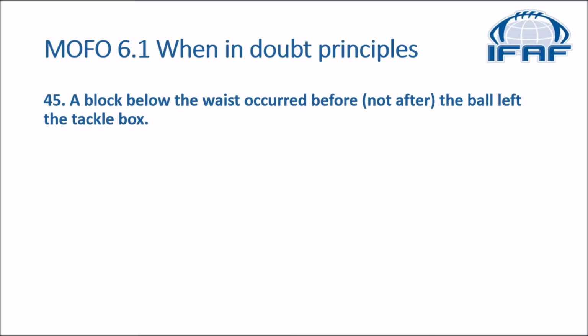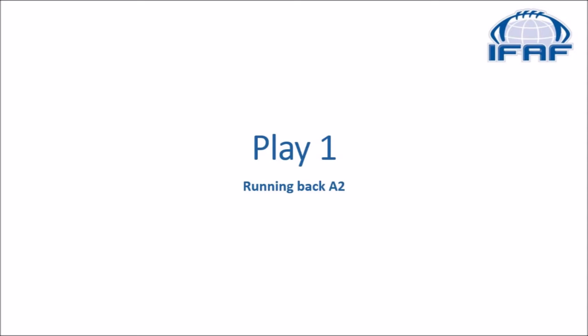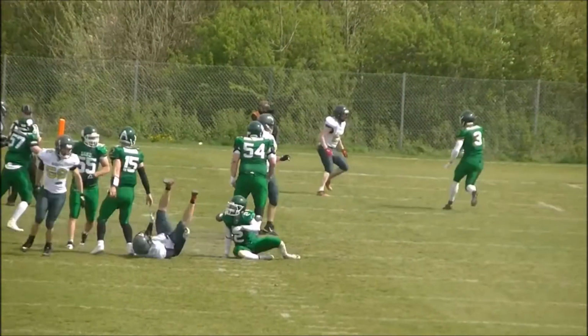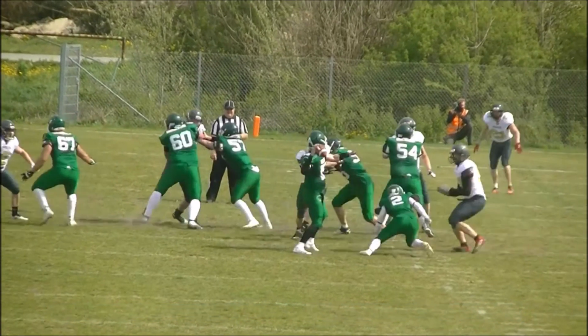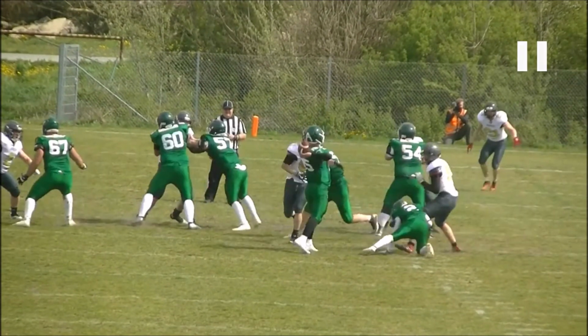Now let's have a look at some game film. In this first example, we're looking at the running back here, A2, who's going to do this. And this is a legal block because, as you can see, if we freeze it right there, the defender actually turns his side to the block after the running back has committed.